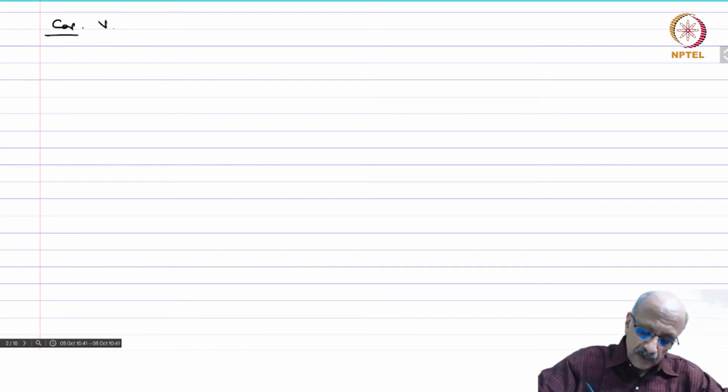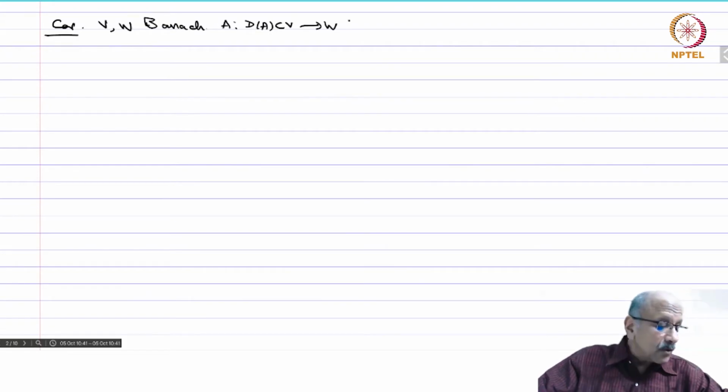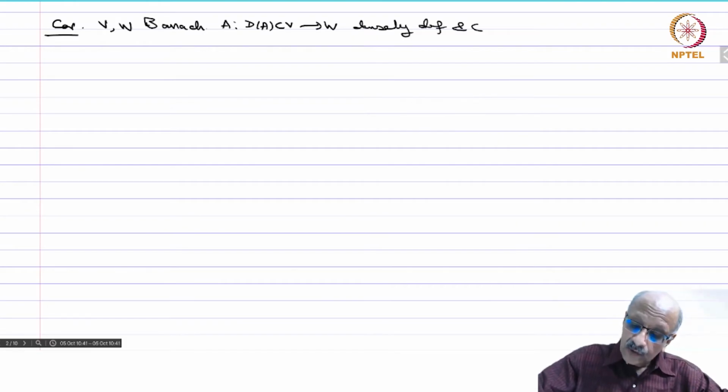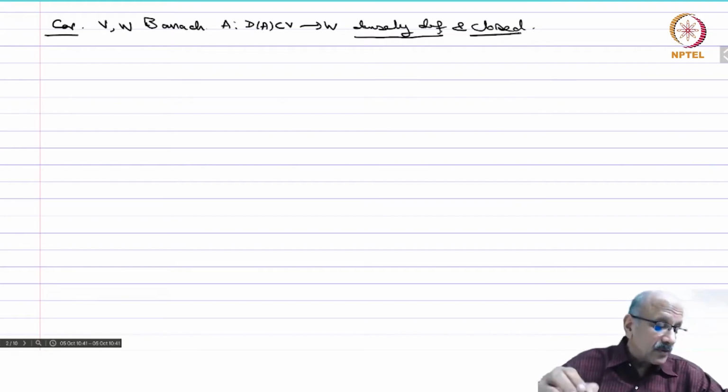Now we have a corollary to the previous proposition. V and W Banach, and A from D(A) contained in V taking values in W, densely defined and closed. So we are adding another hypothesis.